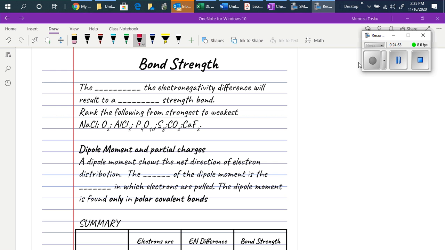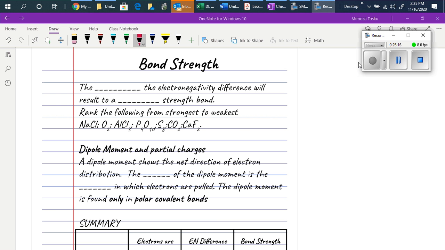The electronegativity difference between two atoms in a compound gives us a convention of the bond strength. What is the bond strength? It is how strong the bond is between the atoms in the compound.